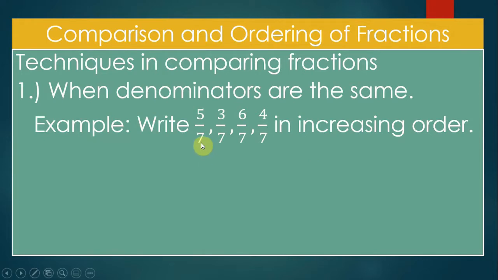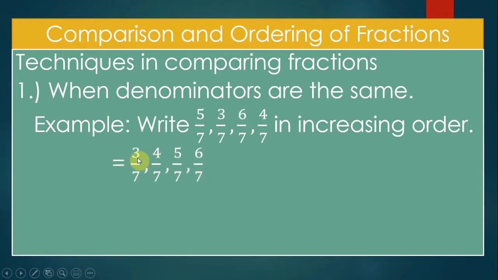Their denominators are the same, 7, so what you will compare are their numerators. You will start with the numerator having the lesser number. So it's 3. Okay, so this is the answer.